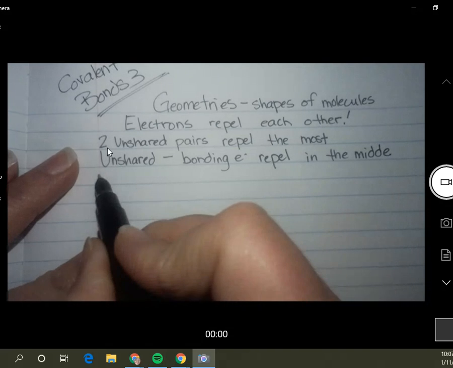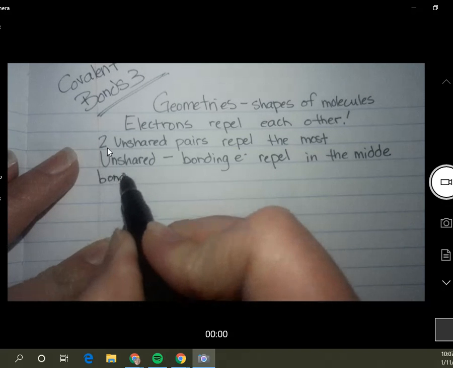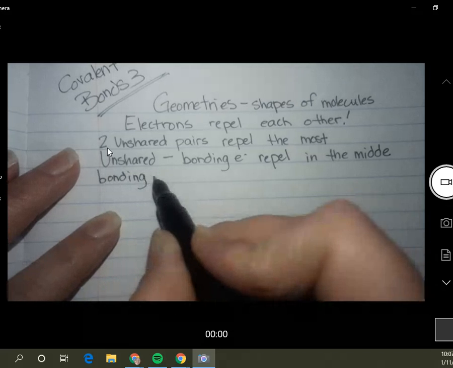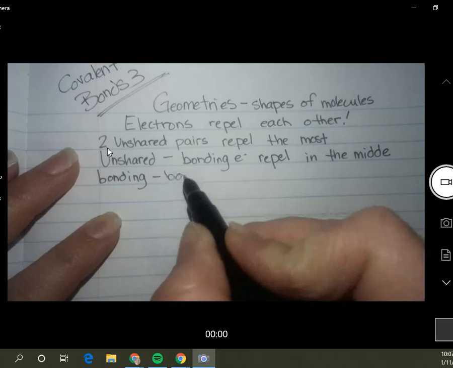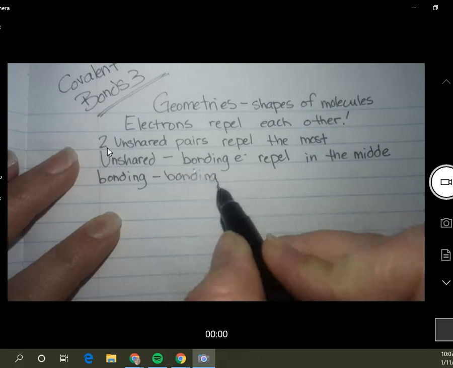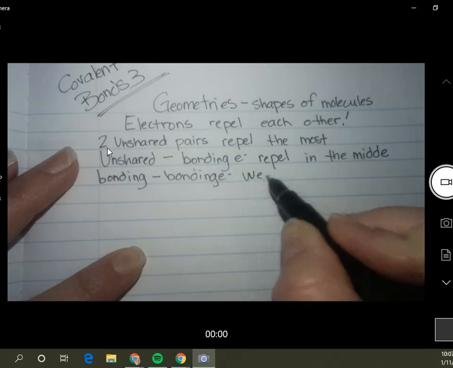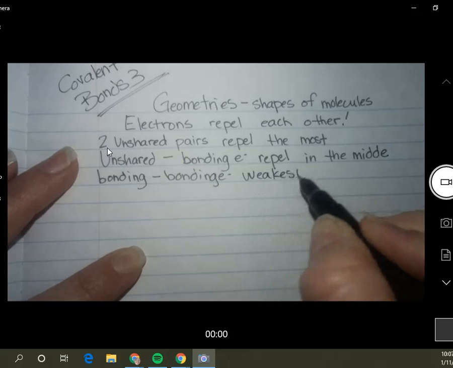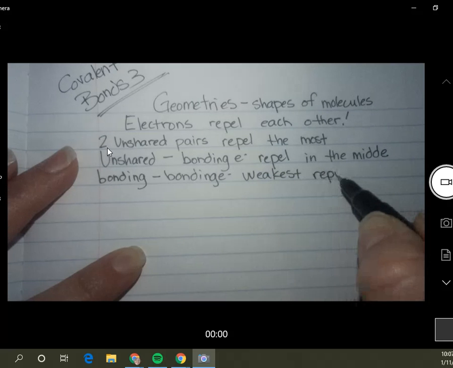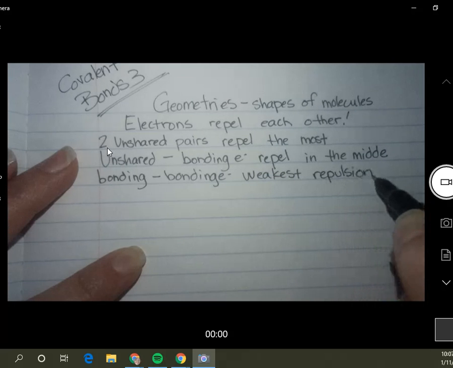And so that leaves a bonding pair right next to a bonding pair. Have the weakest repulsion. Okay.